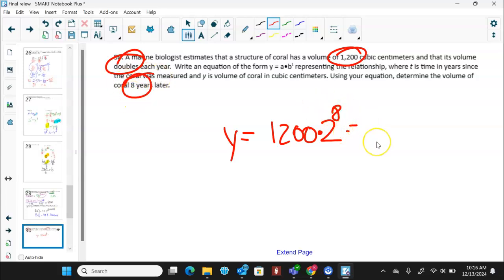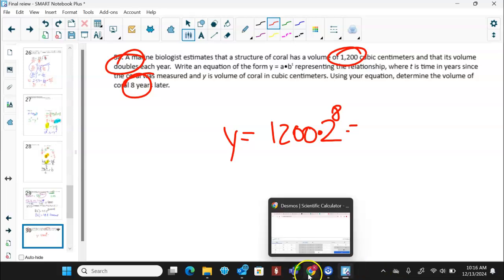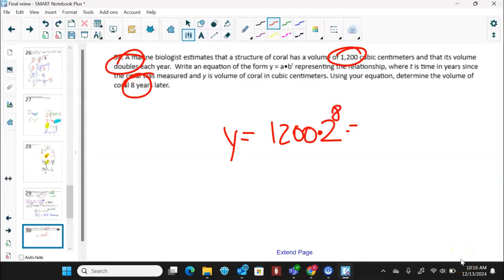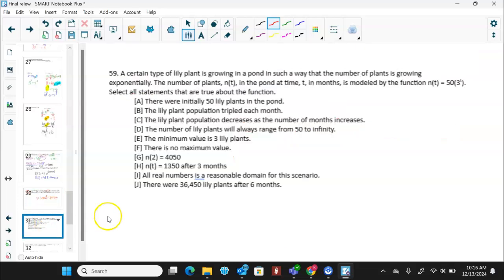All you really have to do is put it into a calculator. So that's going to be 1,200 times 2 raised to the 8th, and your answer is 307,200. Okay, and then next question.